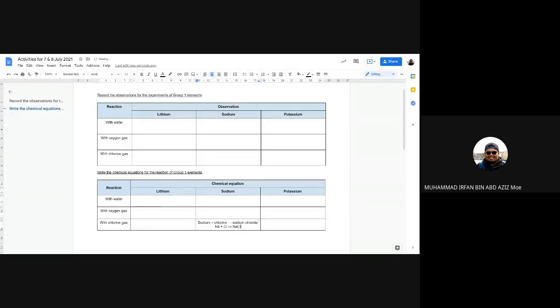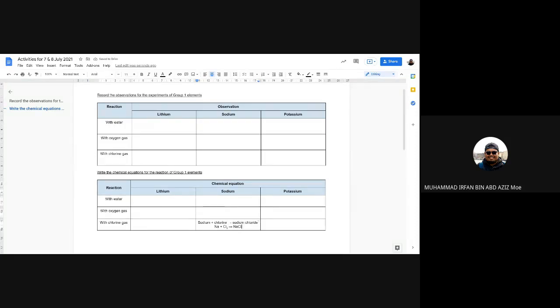However, it's not correct because Cl ni cannot exist as Cl. Dia tak boleh exist as Cl. Why? Sebab dia akan exist as diatomic. Okay, diatomic. So dia akan jadi Cl2. Cl2 bukan Cl2 besar, Cl2 kecil. Okay, Cl2.